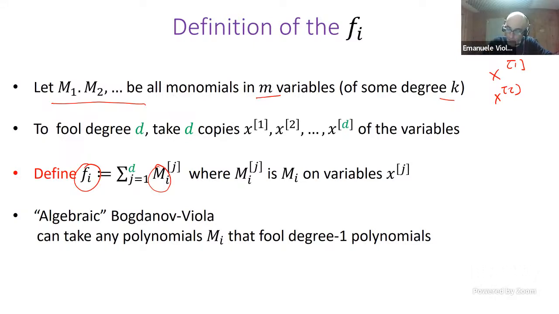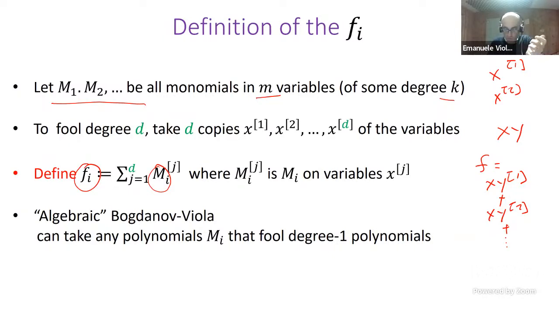So if your monomial was xy, then f would be xy with respect to the first copy plus xy with respect to the second copy, and so on. So you take any monomial and you just sum it over the copies, and this is an algebraic version of this paradigm of summing over different copies.